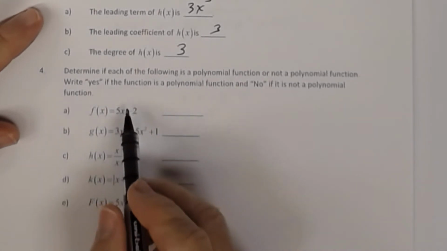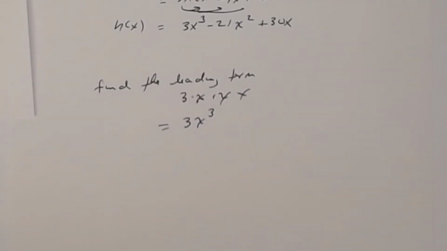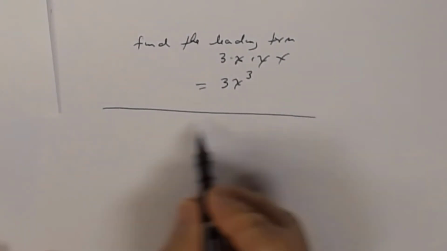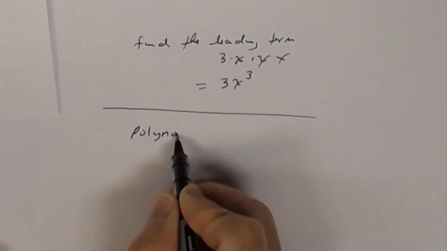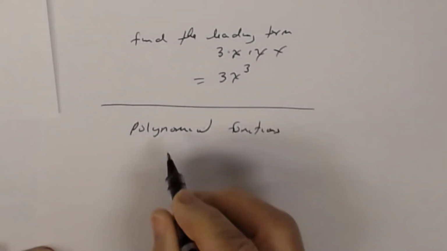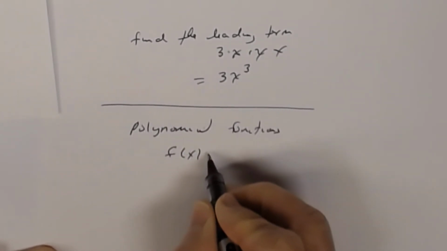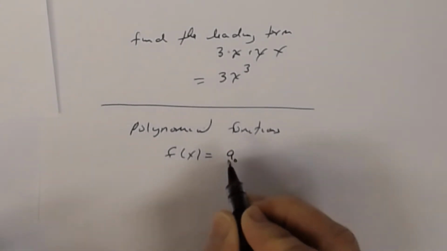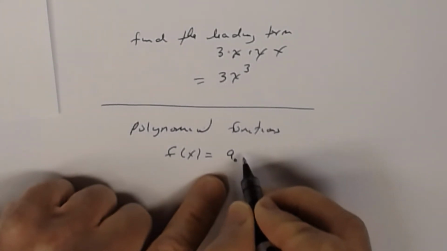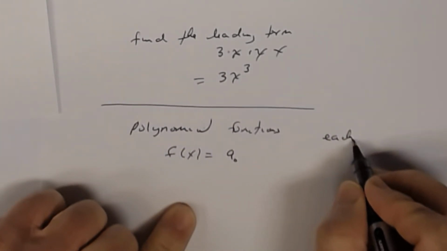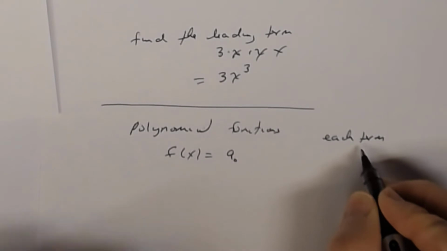So remember when we talked about polynomial functions, they have this form: f of x equals some coefficient, I'm going to just call it a sub 0. In a polynomial function, each term has this property.